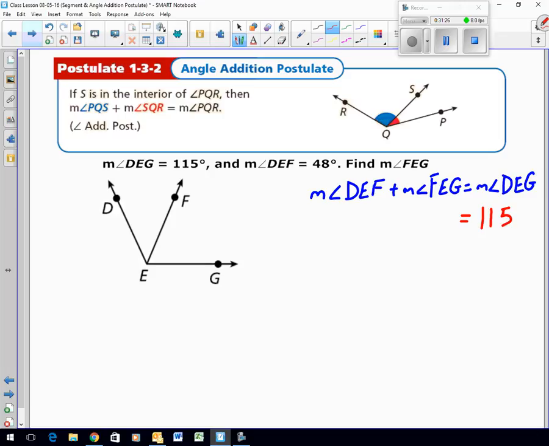How much is DEF? 48. How much is FEG? We don't know. Plus X. See how easy that was? All you gotta do. Okay? How do I solve for X here? One-step equation. Subtract 48 from both sides. What's 115 minus 48?